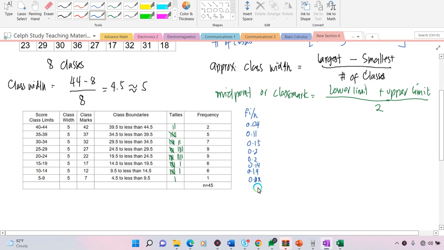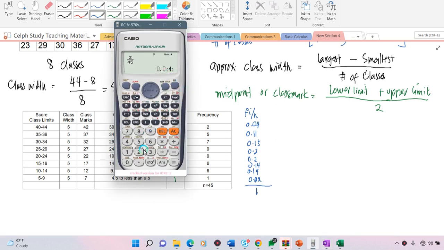So these values should add up to 1. Just check by summing: 0.04 plus 0.11 plus 0.15 plus 0.2 plus 0.2 plus 0.14 plus 0.14 plus 0.02. That is equal to 1.